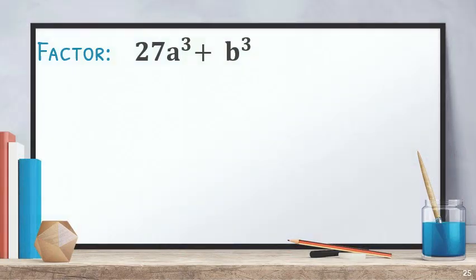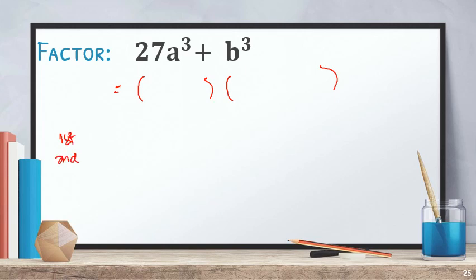Next example, factor 27a cubed plus b cubed. So again, our final answer must be written as the product of a binomial and a trinomial. So again, let us focus on the first factor, which is a binomial. So we have first term and second term.